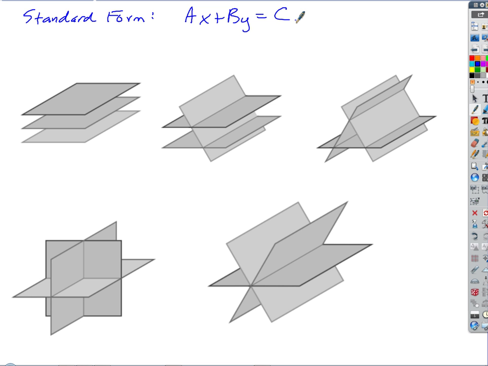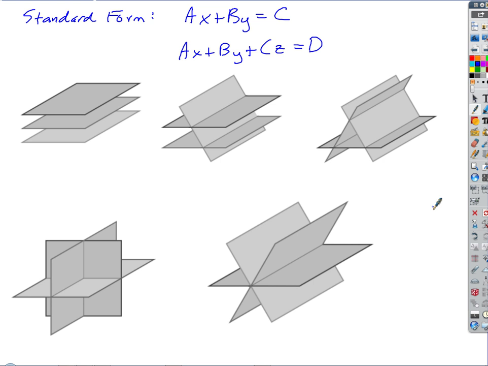Okay, so if we did this for a linear system involving 3 variables, x, y, and z, it would look like ax plus by plus cz equals d, for example. Once again, a, b, c, and d would be integers this time. And what does that look like?